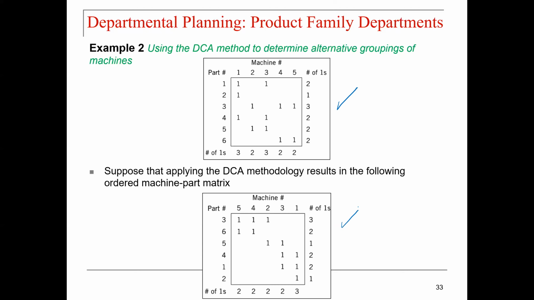So suppose that applying the direct clustering algorithm methodology results in the following order machine part matrix. So this is the answer after applying DCA.